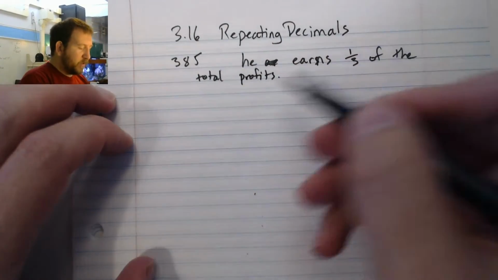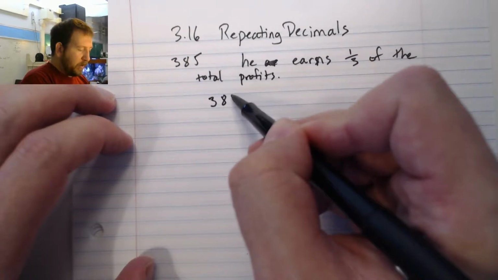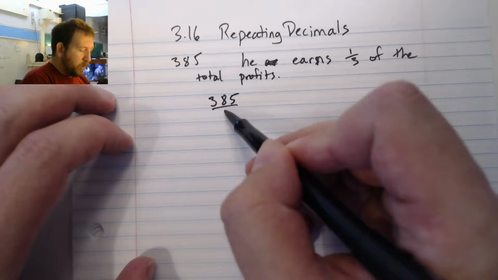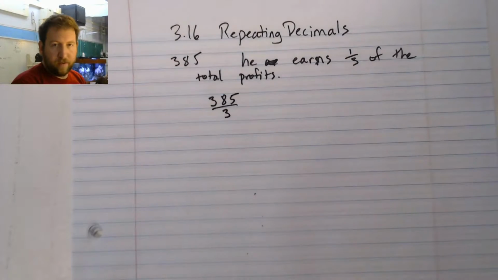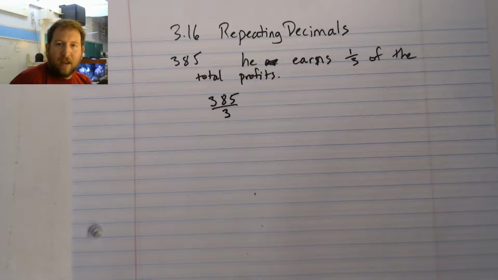So the question is, if we do 385 over 3 to get 1/3 of it, what is that in money?